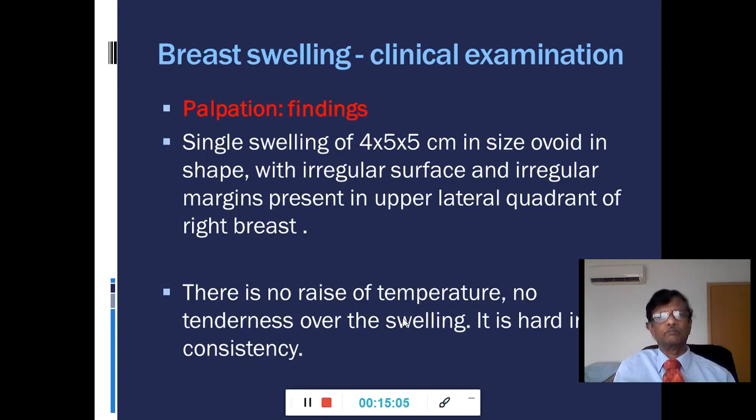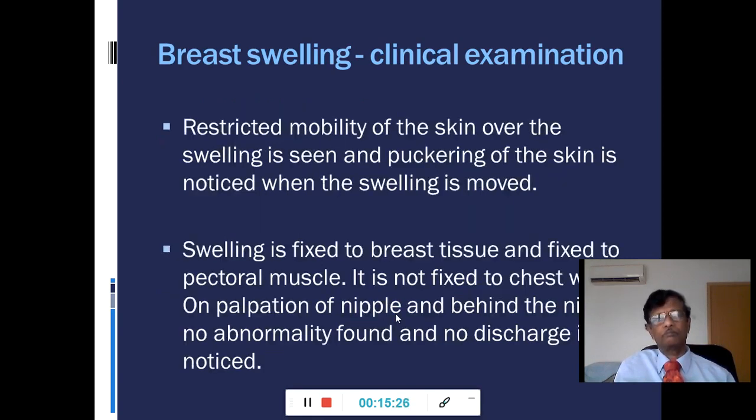Palpation findings: single swelling 4 into 5 into 5 centimeters in size, ovoid in shape with irregular surface and irregular margins, present in the upper lateral quadrant of the right breast. There is no rise of temperature, no tenderness over the swelling. It is hard in consistency.